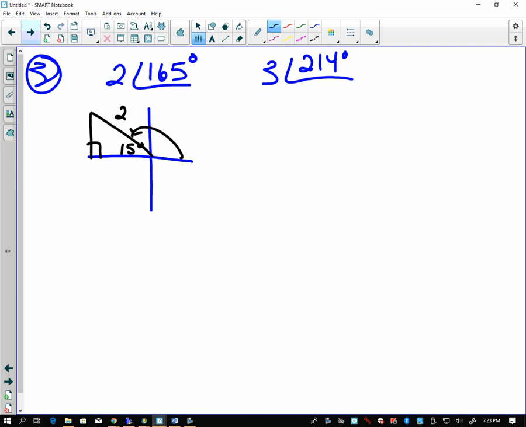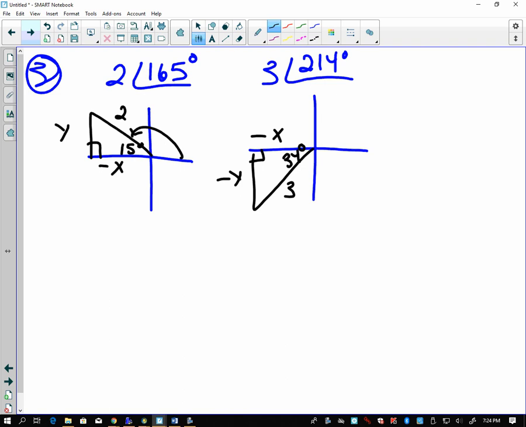And then over here, 214 degrees is going to bring us into the third quadrant, 34 degrees past 180, with a hypotenuse of 3, which means my x is negative, my y is negative. Over here, my x is negative, my y is positive. So I want to know all that stuff going in.